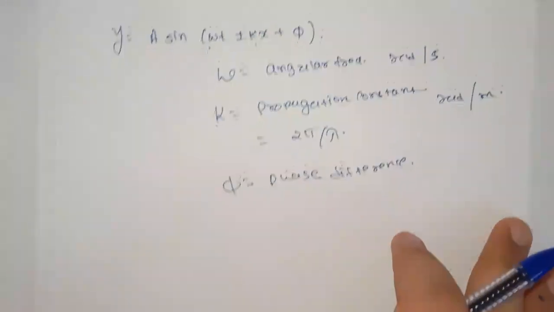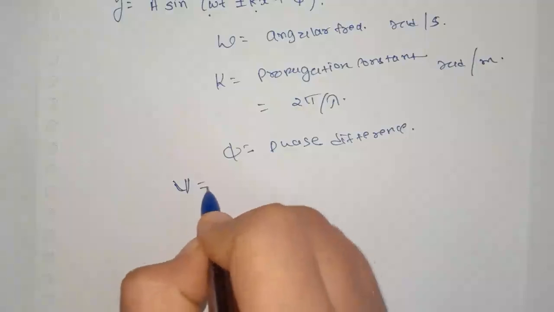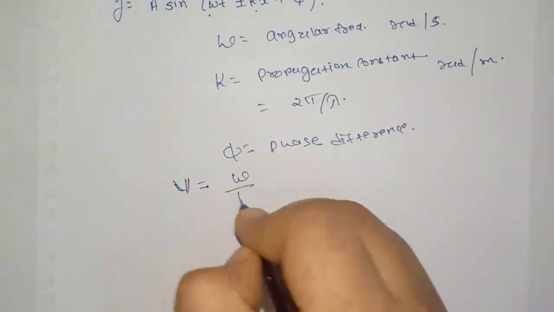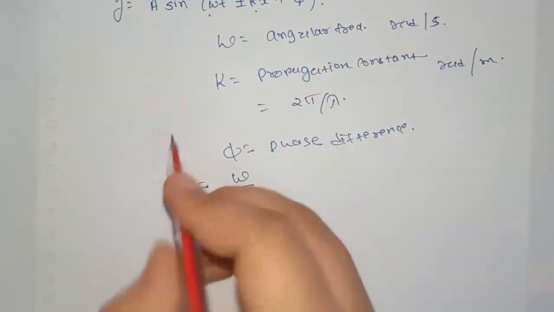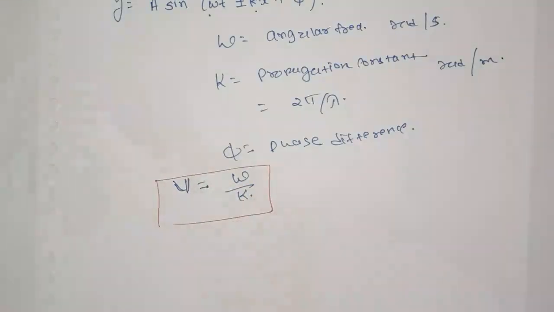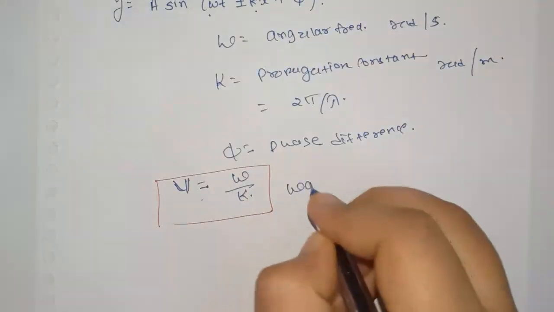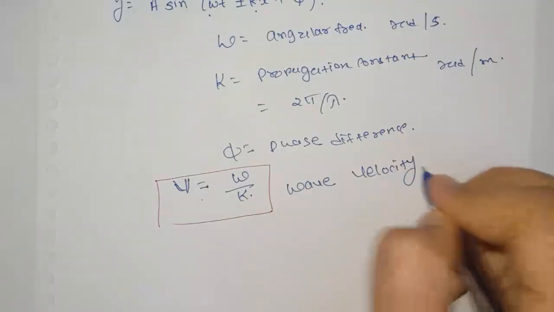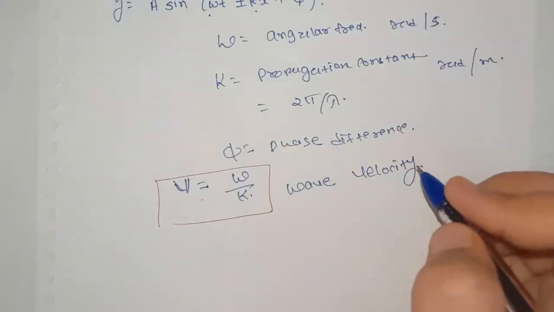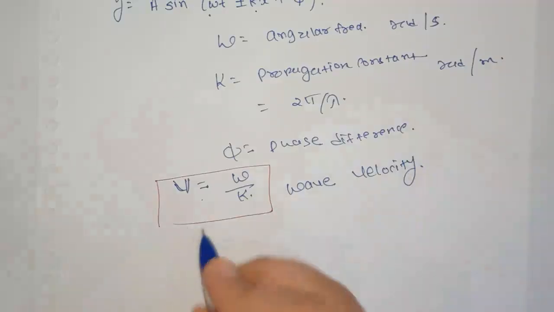Now we have seen that v equals omega by k. We have just proved that v equals omega by k. This v is the wave velocity, or we can say it is the speed of the traveling wave.